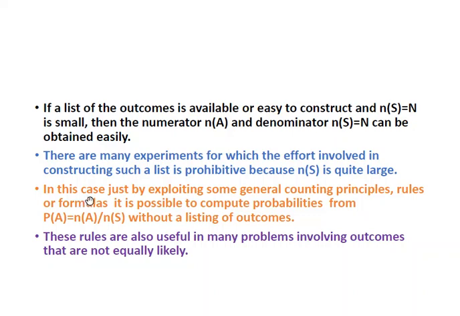So in this case, by using some general counting principles or rules or formulas, it's possible to compute probabilities from this formula without a listing of outcomes. So by using these counting techniques, we can obtain the number of outcomes in A and the number of outcomes in S without listing them.